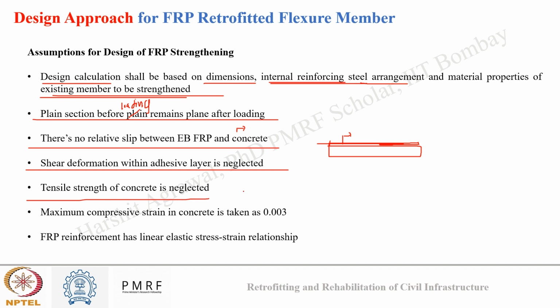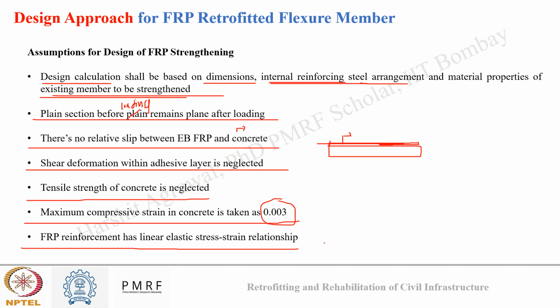The tensile load will be taken by either steel or FRP. Maximum compressive strain in concrete is taken as 0.003. So this is a fixed value that we are assuming. And FRP reinforcement has a linear elastic stress-strain relation, which is known to us from the start of the discussion of FRP. Okay.